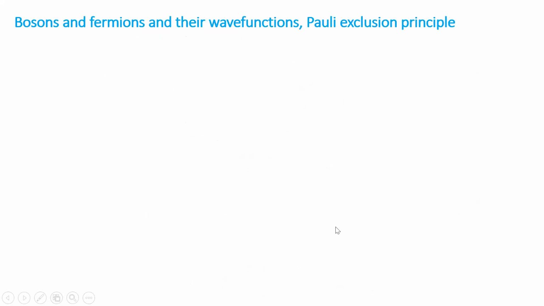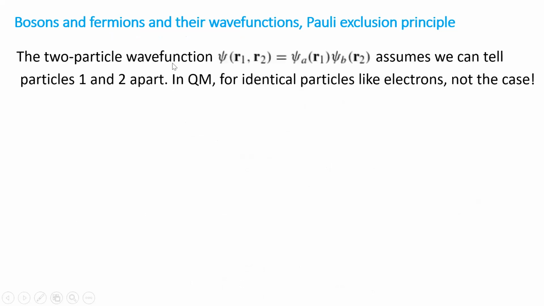So, okay, let's get on to what we were talking about, bosons and fermions and their wave functions. So the 2-particle wave function, which we were just talking about, psi of R1, R2, is psi, a wave function A for the first particle and a wave function B for the second particle.